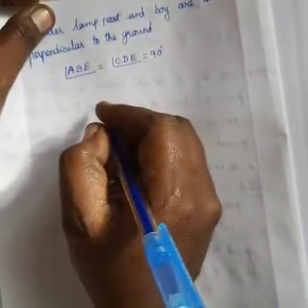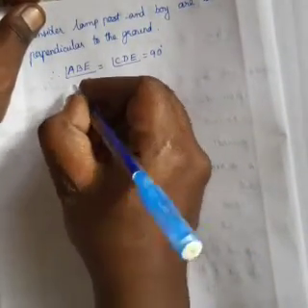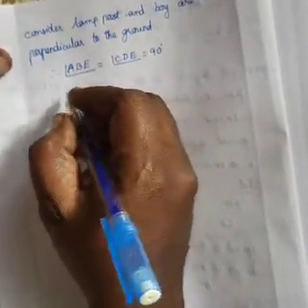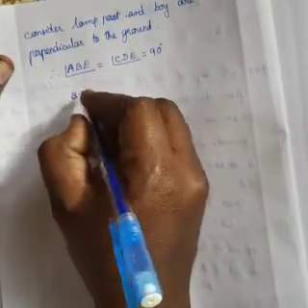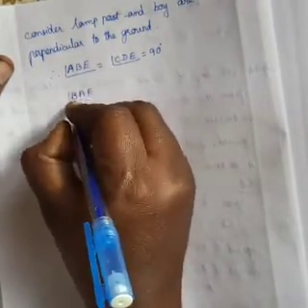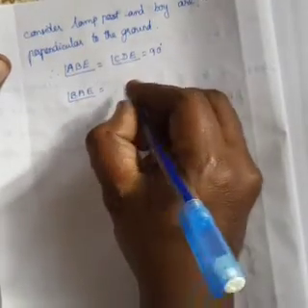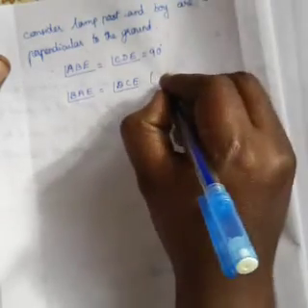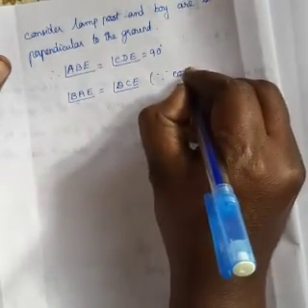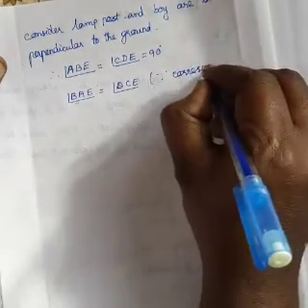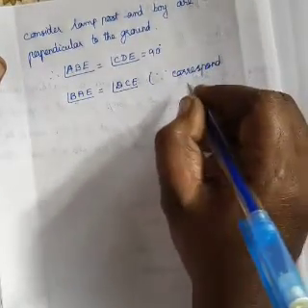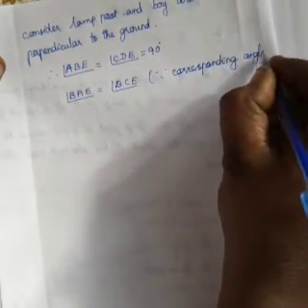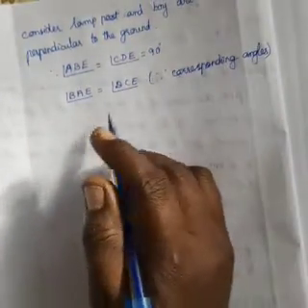Okay, the next one, angle BAE is equal to angle DCE. The reason is corresponding angles. Since corresponding angles are equal, here we have the equality symbol.